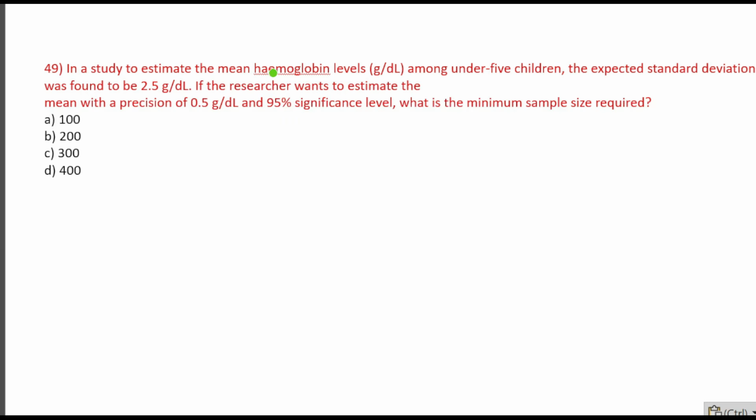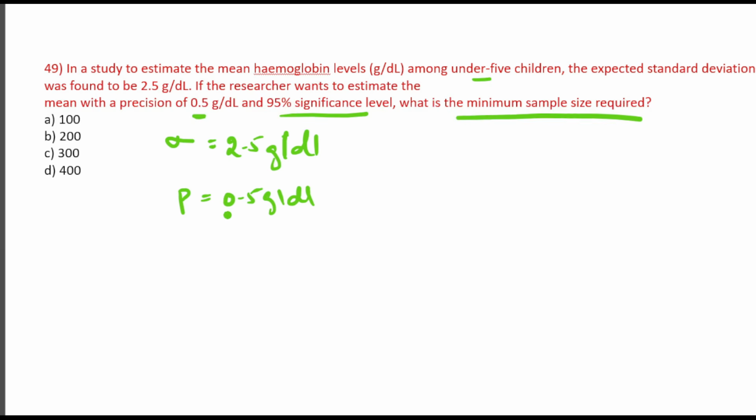In a study to estimate the mean hemoglobin levels among under 5 children, the expected standard deviation was found to be 2.5 gram per deciliter. Okay. Now, if the researcher wants to estimate the mean with the precision of 0.5 gram per deciliter and 95% significance level, then what is the minimum sample size?